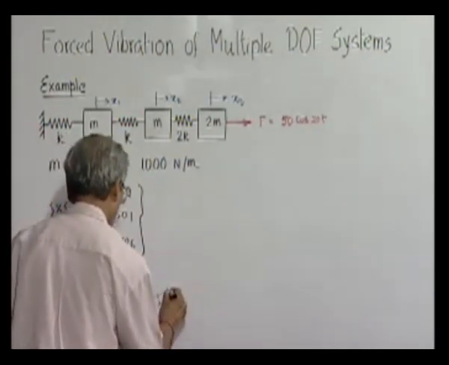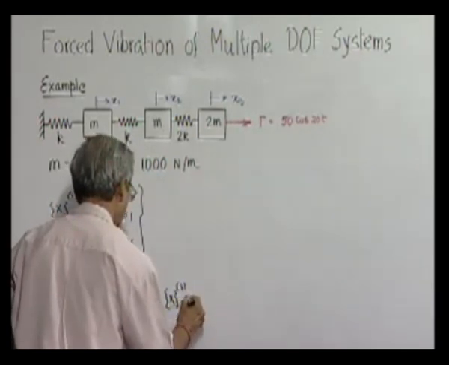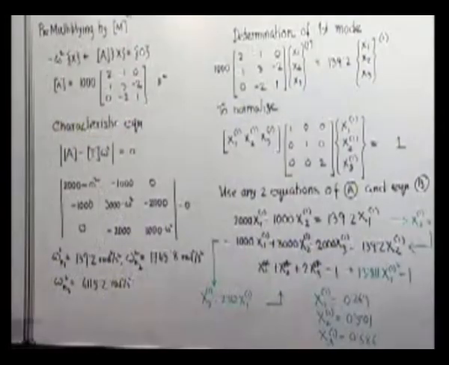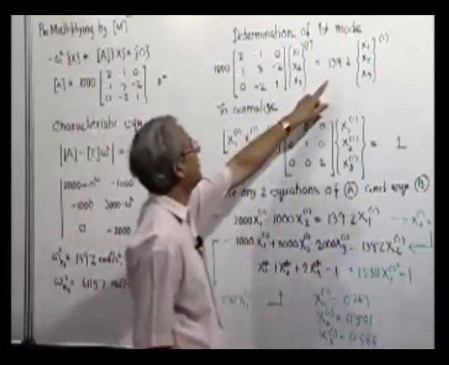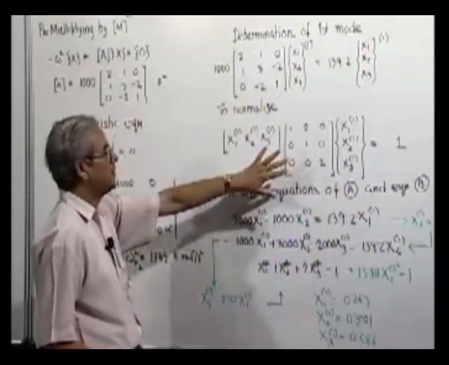And the third mode, again we will find out by using the third natural frequency, 4115 in place of 139.2, and this equation will remain same.